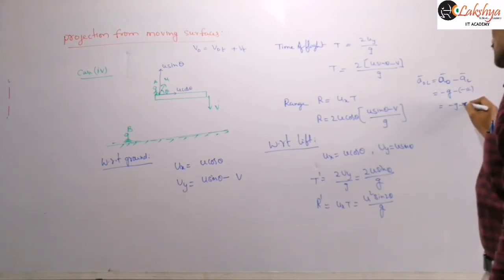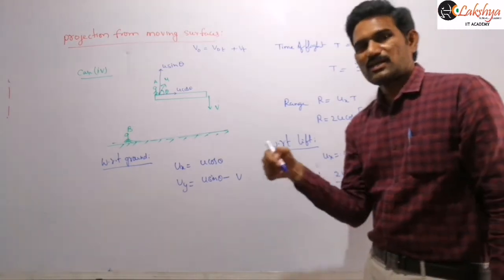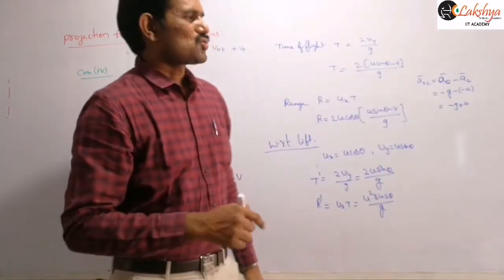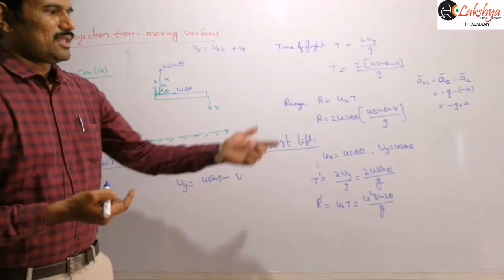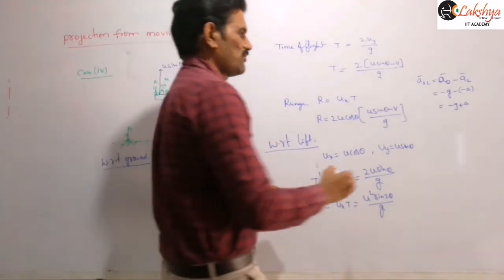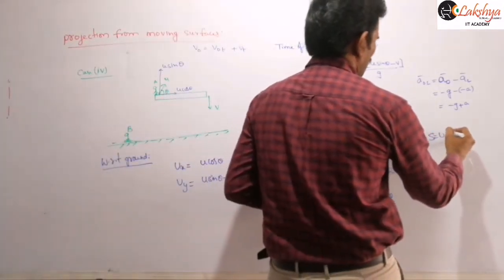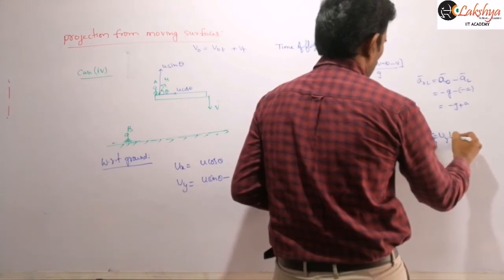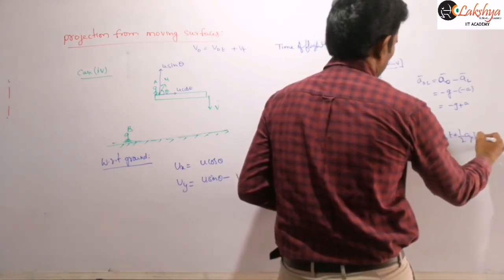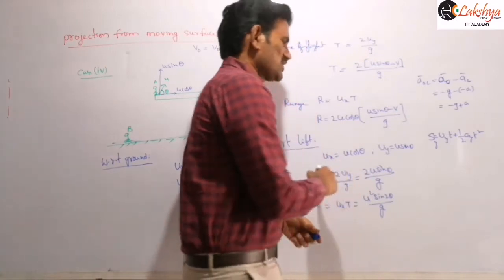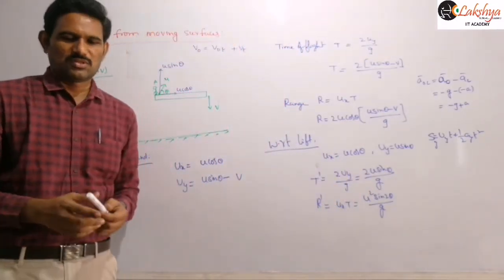So it is minus g plus a you will get if the lift is accelerating downwards. Like that, according to the given problem, you need to consider that relative acceleration and substitute in the s is equal to ut plus half a t square equation to find the time of flight. You can't use these expressions directly there, right? So remember that.